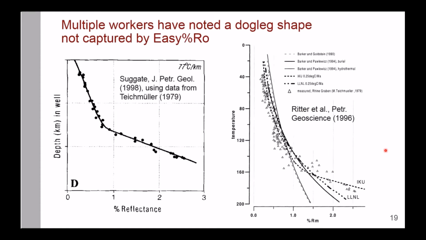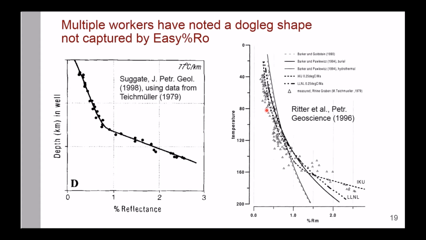Going way back in time, people have considered that there has been some sort of a break, we call it a dog leg, or you can use any other descriptor, in reflectance. This is reflectance versus depth. Ulrich Ritter from the IKU published a model in 1996 that tried to increase the break in this curve. He basically took EZR0 and adjusted the parameters.